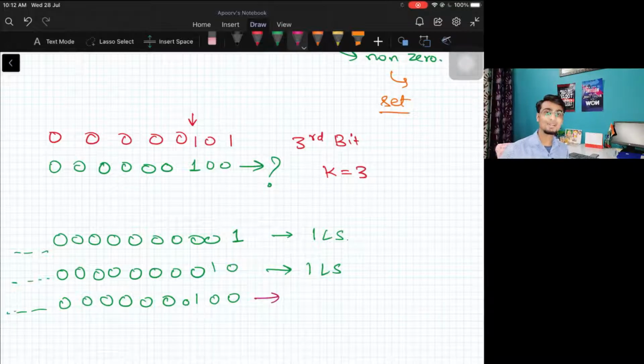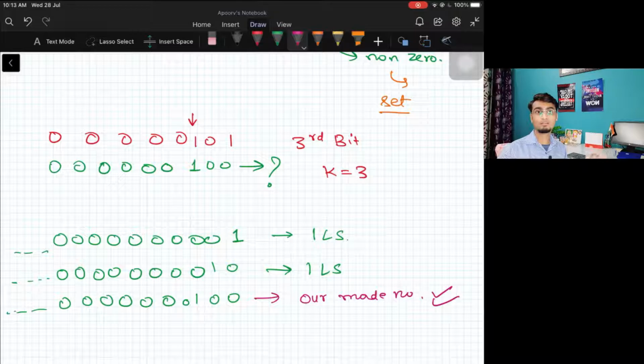This is nothing but our made number. How did we get this number? We got it by doing 2 times left shift. So if you are talking about the third bit, you do a left shift 2 times.